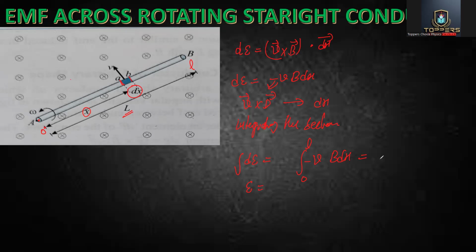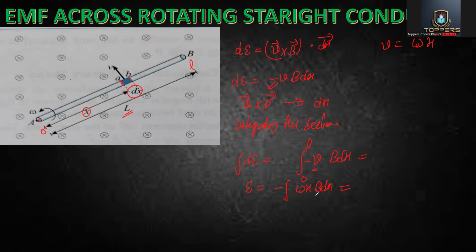One thing is there: this is rotational motion. In rotational motion, you know that V is equal to R omega, or V is equal to omega x, correct? So in place of V, we can write omega x. Write down minus omega x B dx.